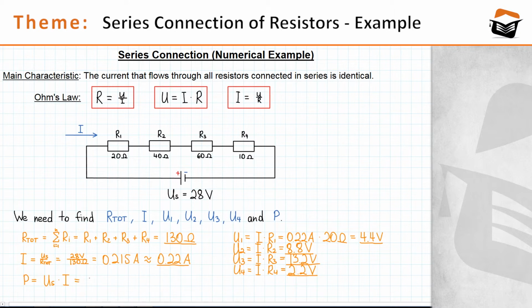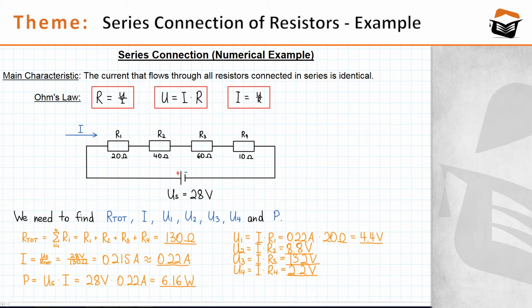And US is 28 volts, then times 0.22 amps, and that is equal to 6.16 watt. Watt is the unit of electric power. Not just electric power, but power in general.